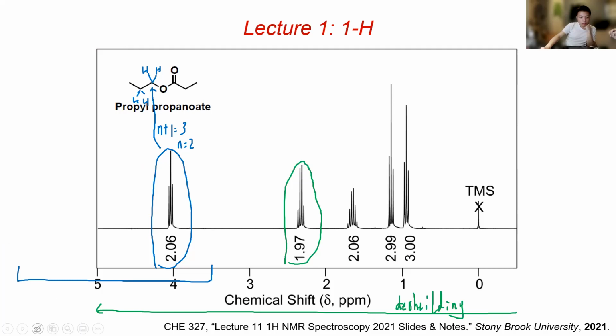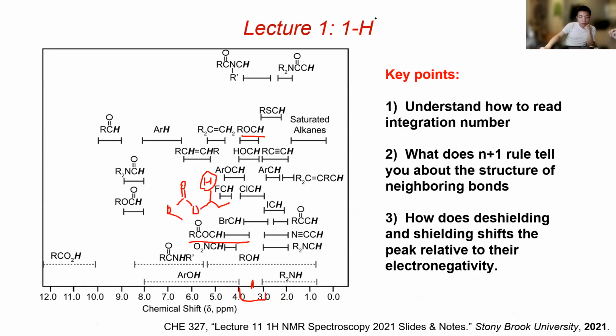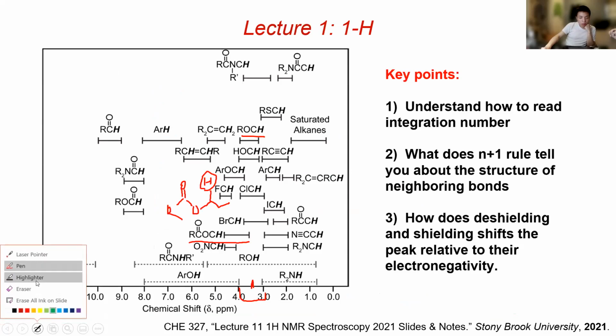This one is kind of tricky. And the second carbon on the right of the ester. Yes, this one. And we can confirm it from the table. Let me erase this.